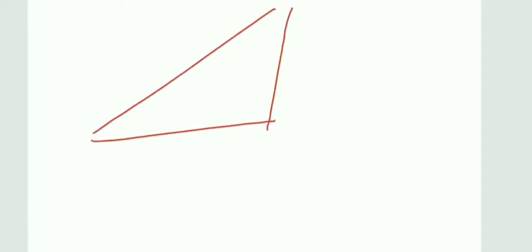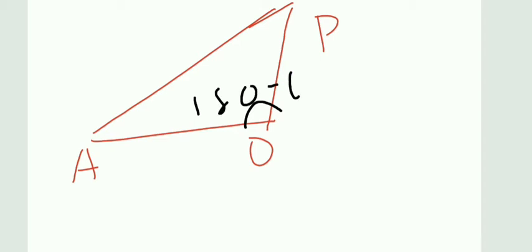This is my AOP triangle. We know that this angle is 180 degrees minus theta. This distance is r2, this distance is a, and this distance is r. We apply the same rule, the law of cosines.